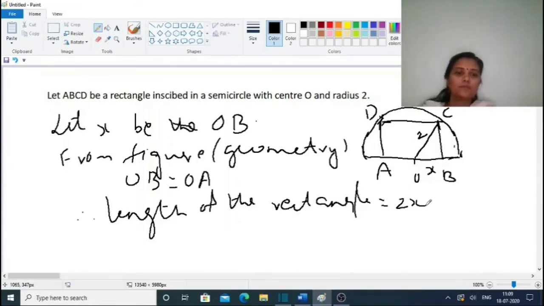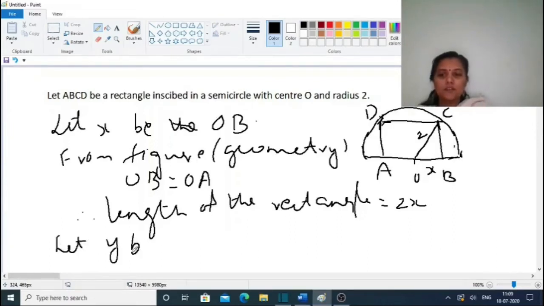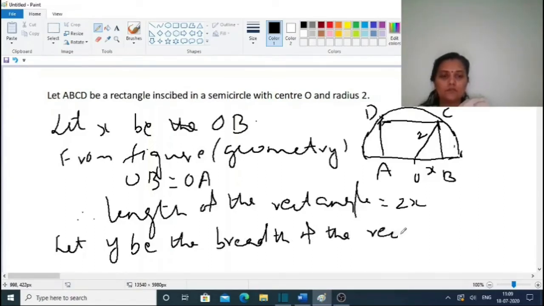Now, let y be the breadth of the rectangle. So this is y.